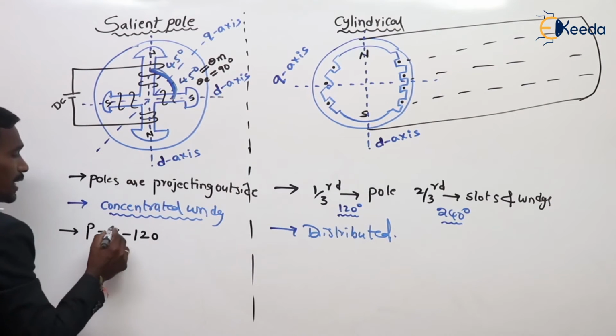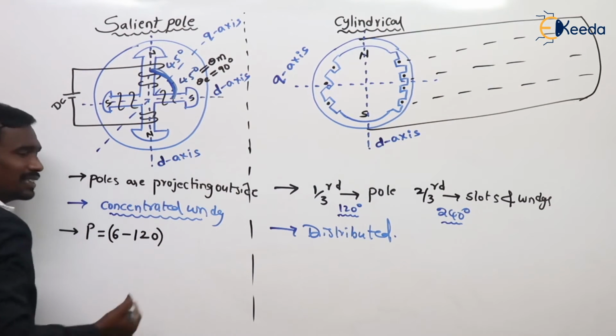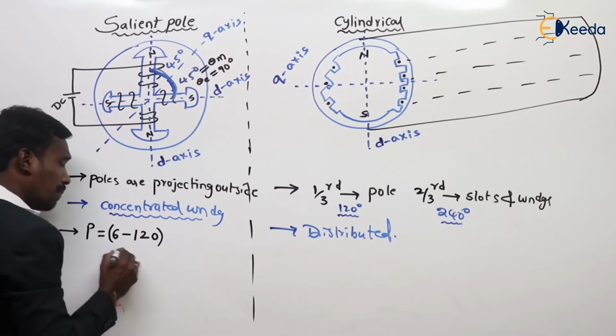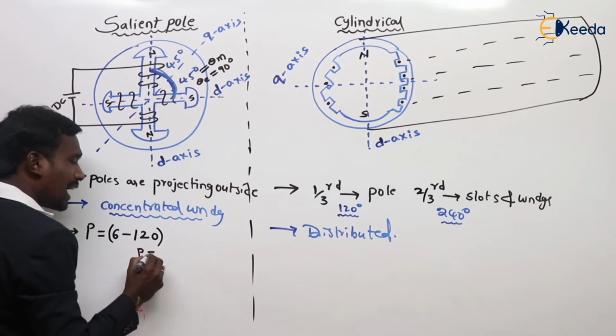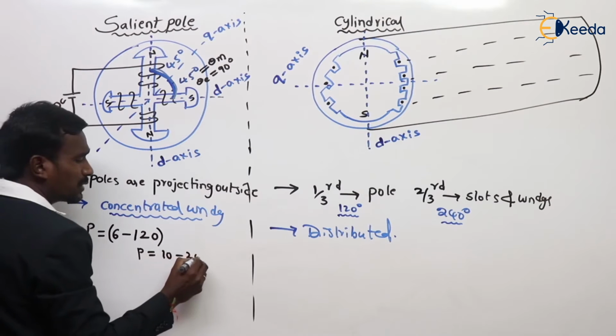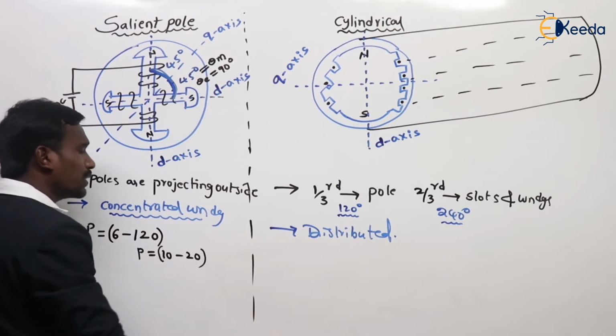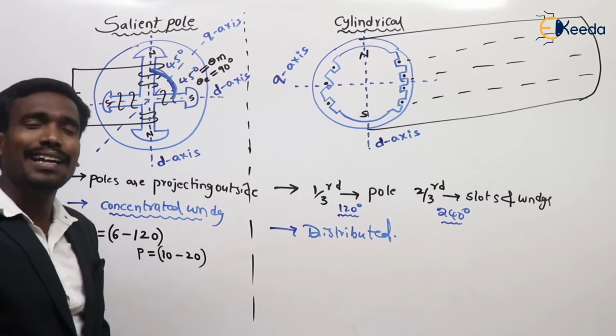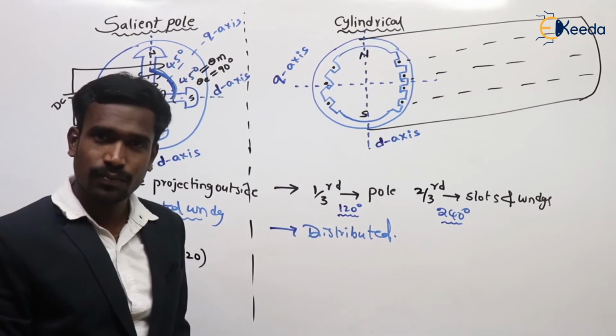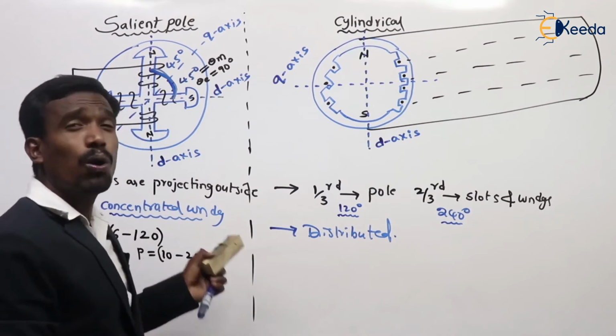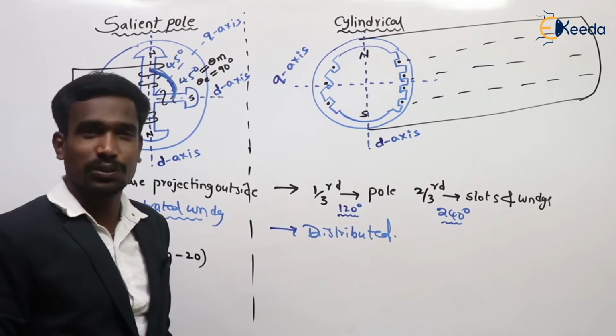Okay, but generally the minimum number of poles is 6 and maximum 120. In regular applications we use around 10 to 20 poles. So here we can use a larger number of poles.